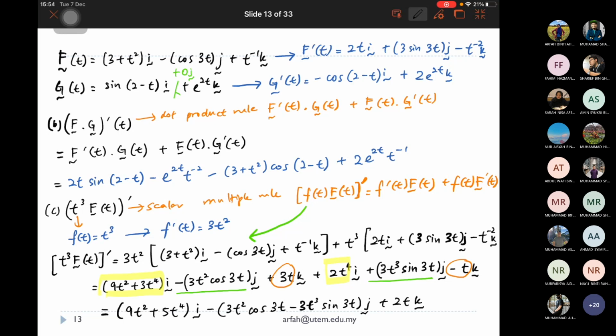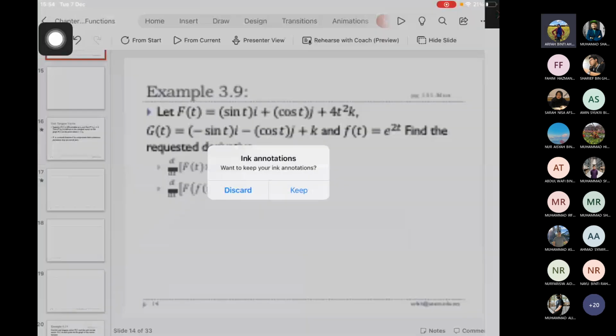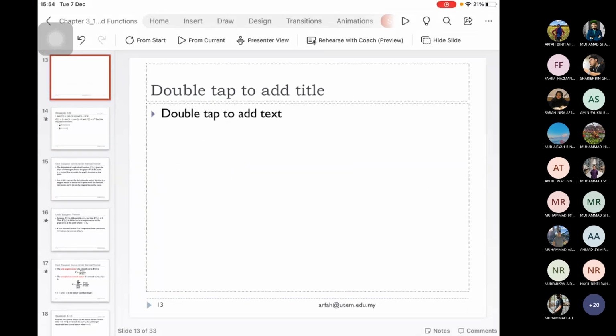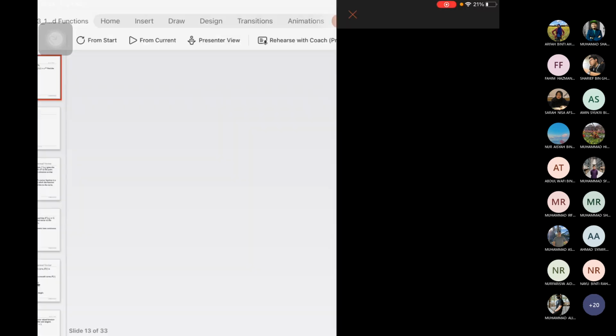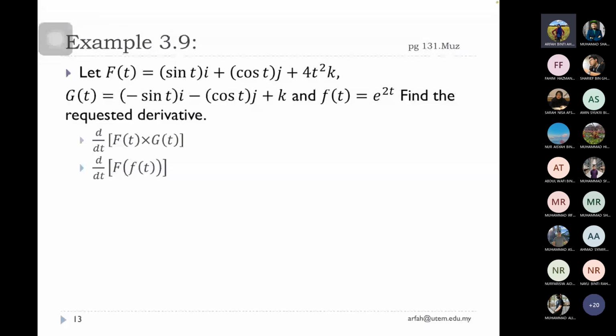Okay. So the next one, kita ada this exercise. Let f(t) equal to sin t i plus cos t j plus 4t squared k, and then g(t) equal to negative sin t i minus cos t j plus k, and f(t) sama dengan exponential 2t.